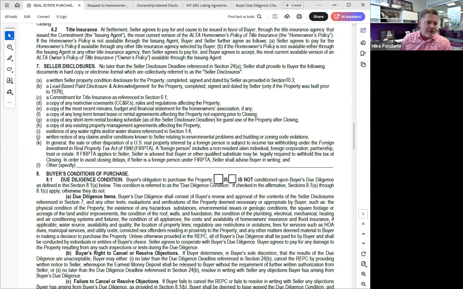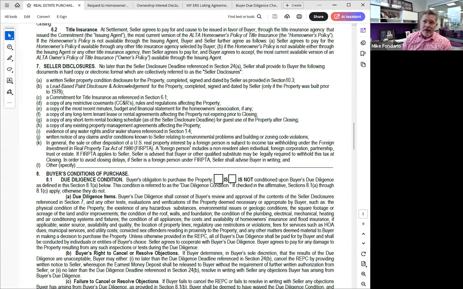But that should look fairly familiar to you. Let's read it line for line. Paragraph 7, seller's disclosures. No later than the seller's disclosure deadline referenced in section 24A, seller shall provide the buyer the following documents in hard copy or electronic format, which are collectively referred to as the seller's disclosures.